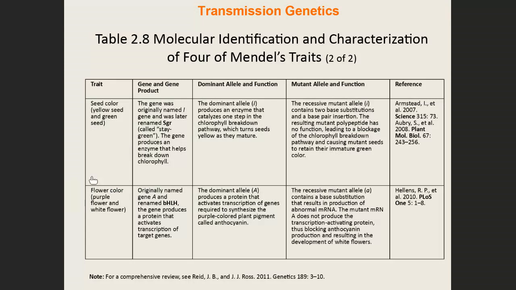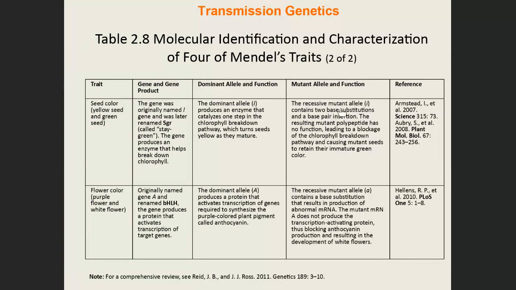I just want to tell you about seed color and flower color because we talked about it last time with the crosses. The yellow color, which is the dominant, the wild type, has to do with an enzyme that breaks down chlorophyll. So the seed changes color from green to yellow because an enzyme degrades chlorophyll during maturation.